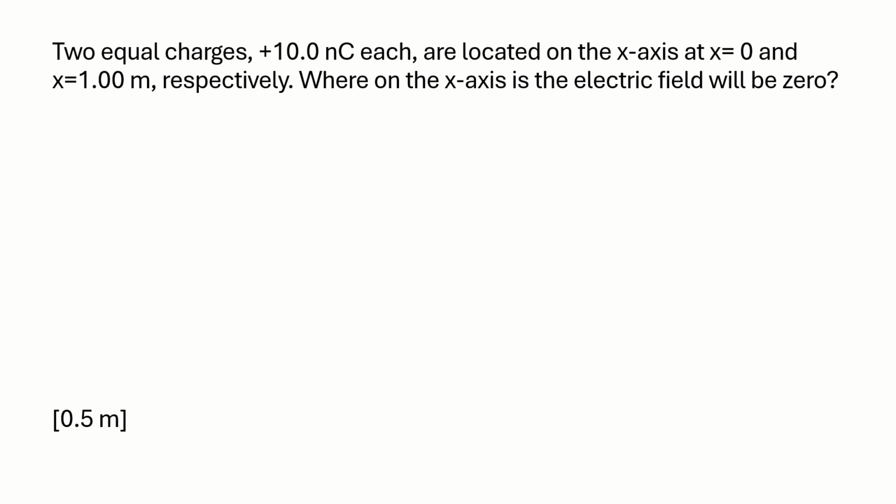Two equal charges, plus 10 nanocoulomb each. This is different. They are located on the x-axis at x equal to 0 and x equal to 1 meter respectively. Where on the x-axis is the electric field 0? In this case, one is a 10 nanocoulomb positive charge, and the other is also a positive 10 nanocoulomb charge.